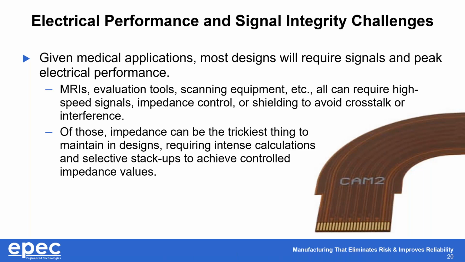So like I was saying earlier, MRIs, evaluation tools, scanning equipment, things like that all end up necessitating high-speed signals, impedance control, shielding, just the absolute most security and noise prevention just to avoid crosstalk, interference, things of that nature, because the last thing anybody wants is for their medical equipment to be producing errors.